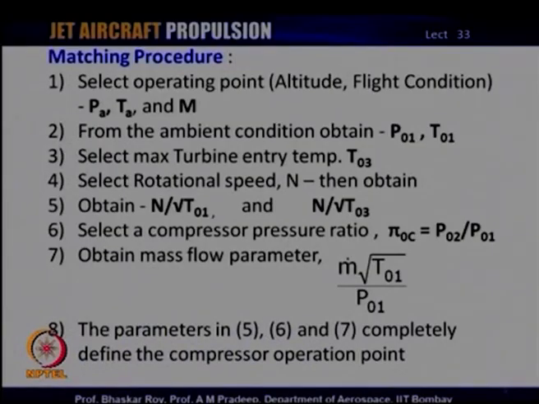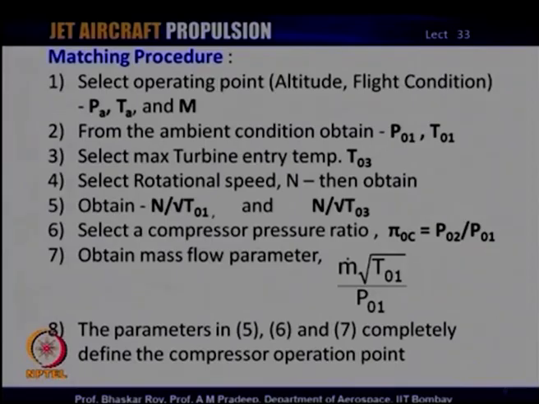Let us look at what are the possible ways one can go about creating a matched engine. The first step of course, is selecting the operating point, which is often the altitude and the flight condition. Many of the transport aircraft, for example, might have an operating point which is the takeoff condition, but for many of the military aircraft, the operating point selected here could be a flight condition with a very high Mach number at some altitude.